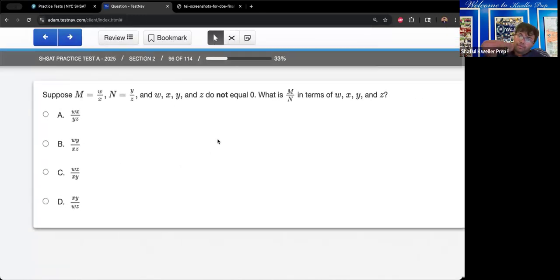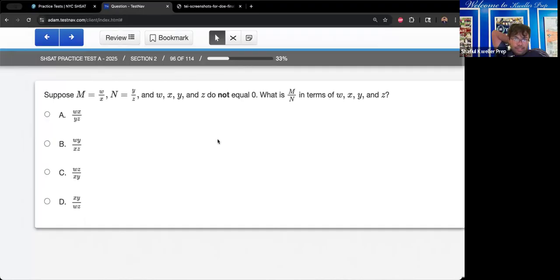Okay, what is m over n in terms of w, x, y, and z? So m is w over x. Remember that a fraction means you are dividing. So we are dividing m and n. M over n is m divided by n.